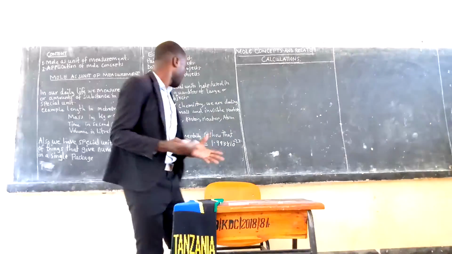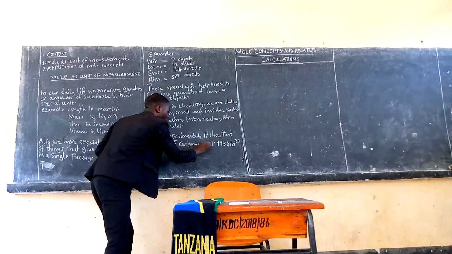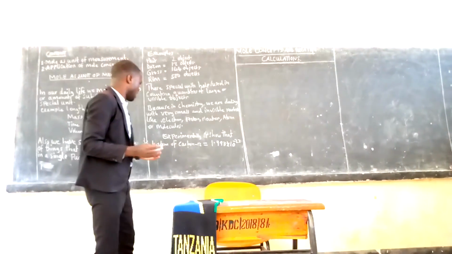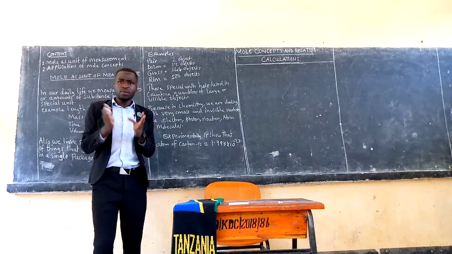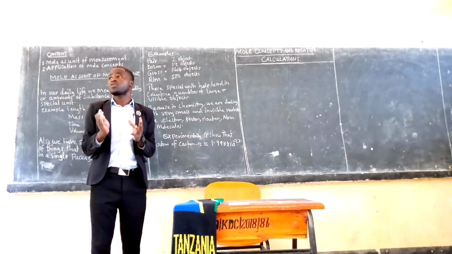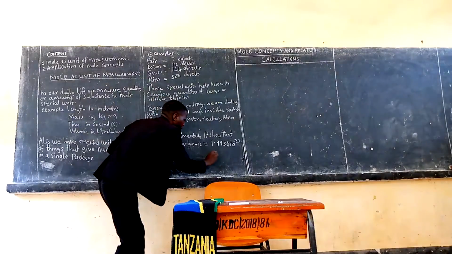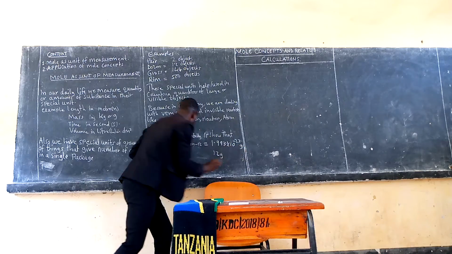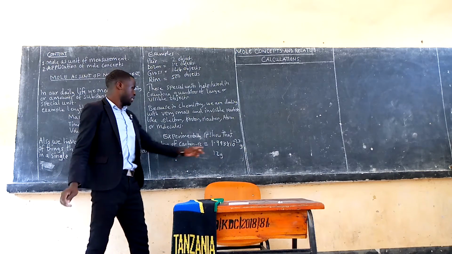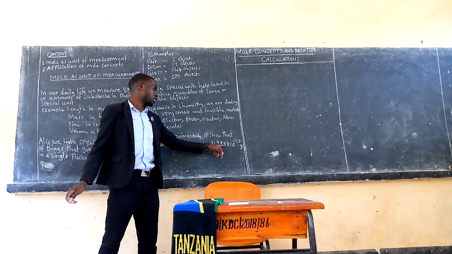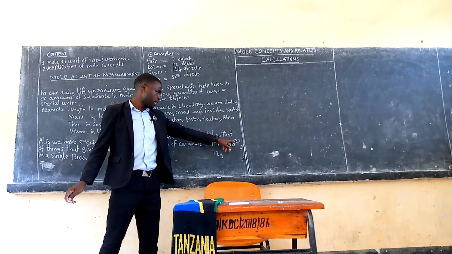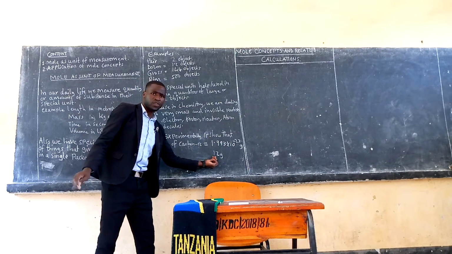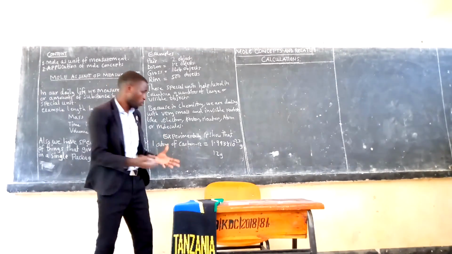Now this is going to give us the answer to how this constant number is obtained. We know 1 mole of a substance, especially 1 mole of carbon element, consists of 12 grams. If 1 atom of carbon-12 is equal to 1.993 times 10 raised to negative 23 grams, then 12 grams equals how many atoms?